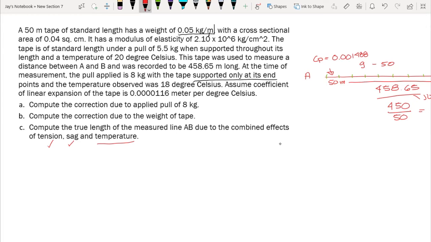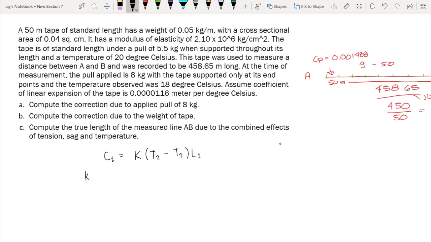So the first thing we do here is, of course, to compute the correction due to temperature. So we have the formula of correction due to temperature, which is Ct is equal to the coefficient of thermal expansion times T2, where T2 is the observed temperature minus T1, the standard temperature, times the length L1, which is the standard length.